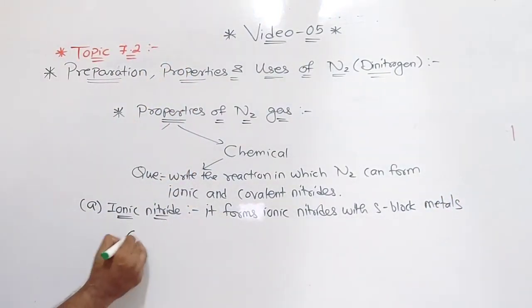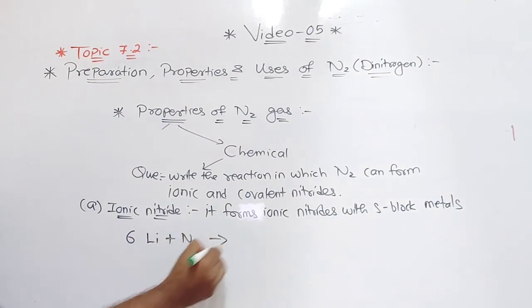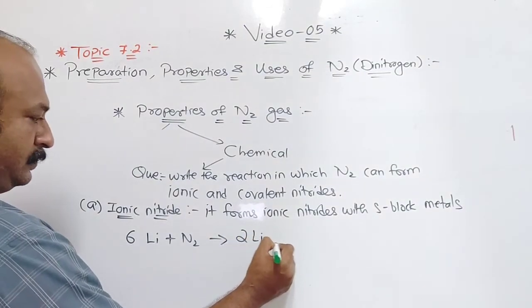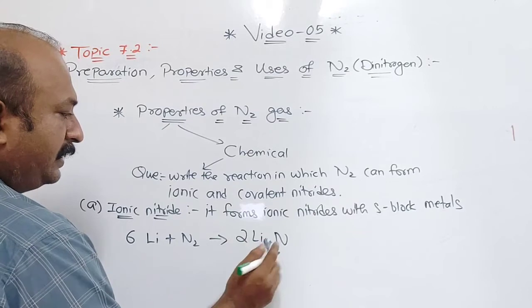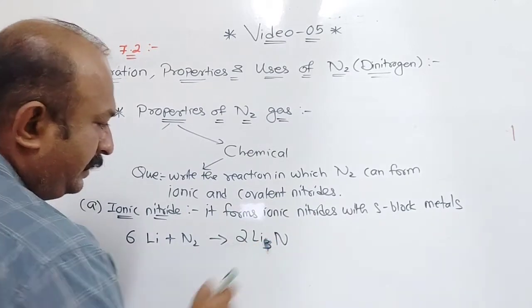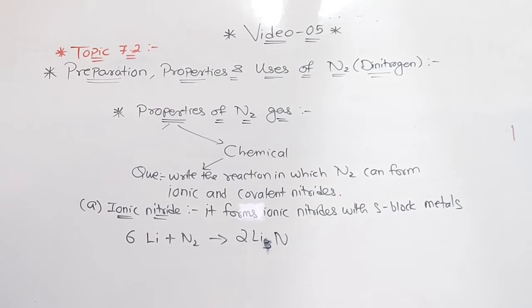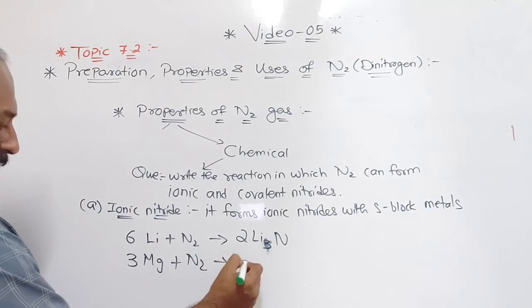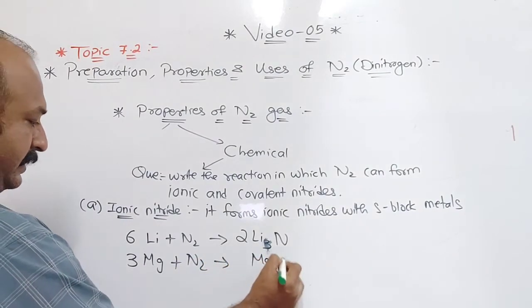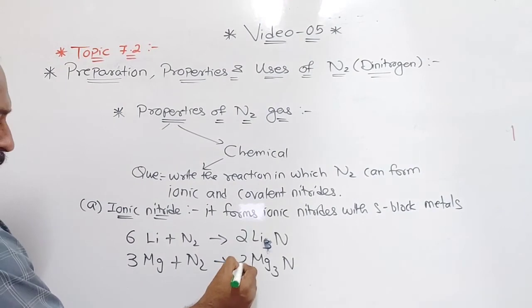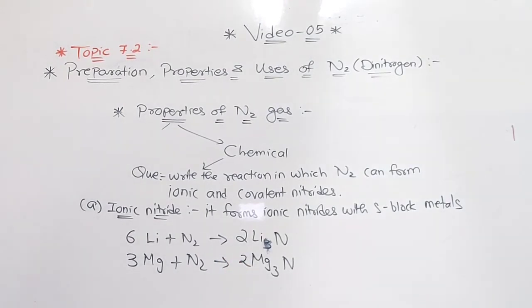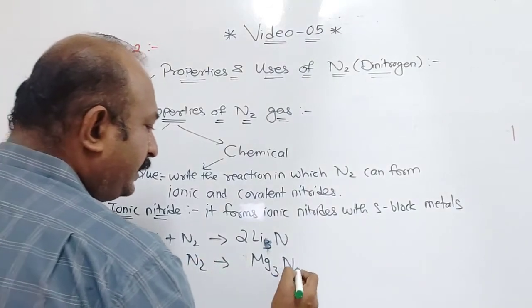In your book it is given 6Li + N2, so lithium nitride it forms, that is 2Li3N, because then only it will be 6 here. And with magnesium, that is 3Mg, when nitrogen reacts with magnesium, it forms magnesium nitride, Mg3N2.